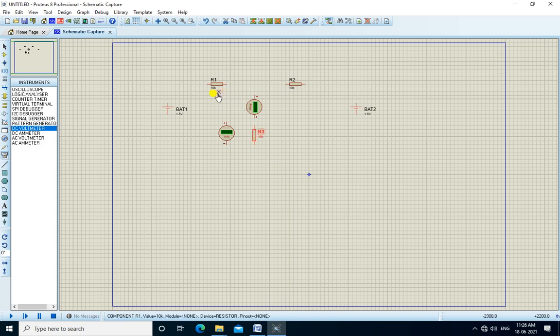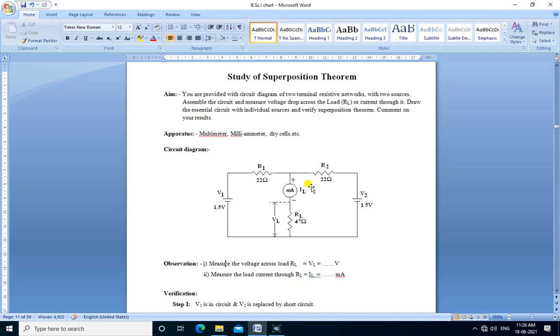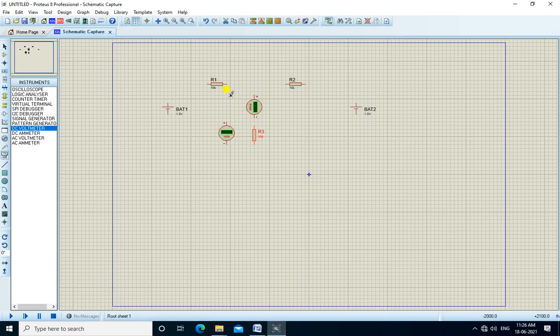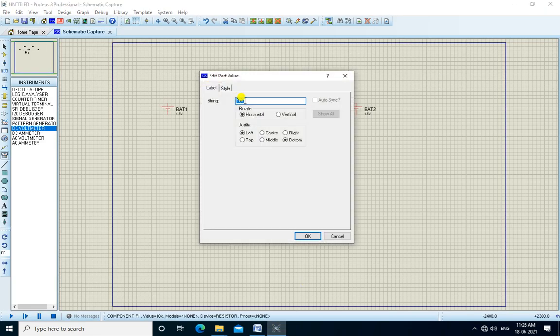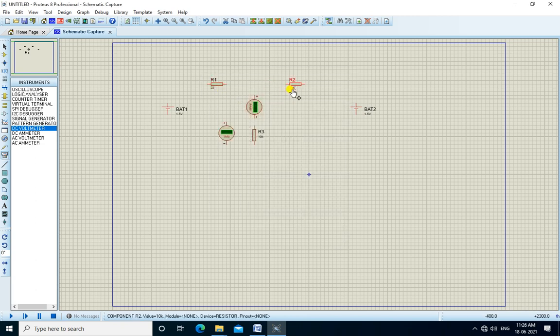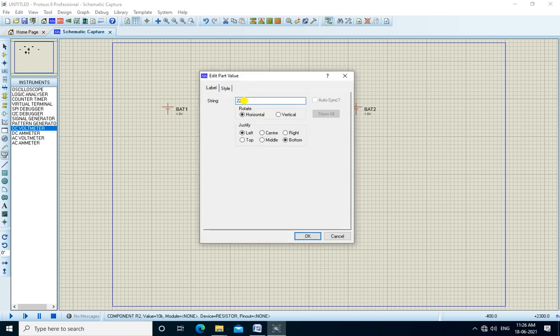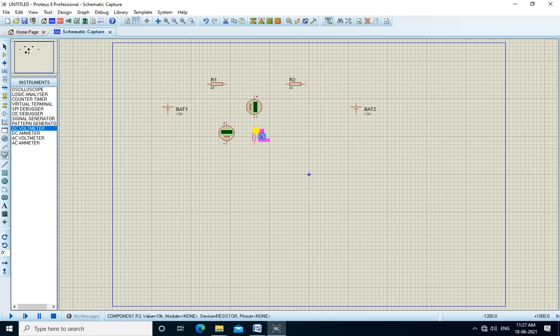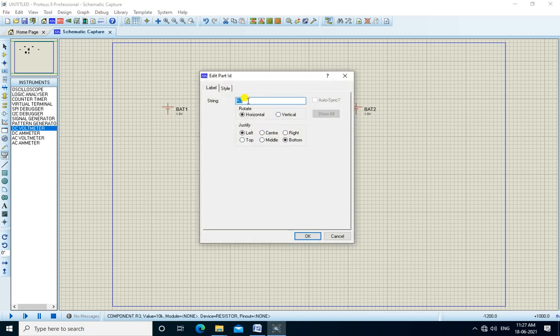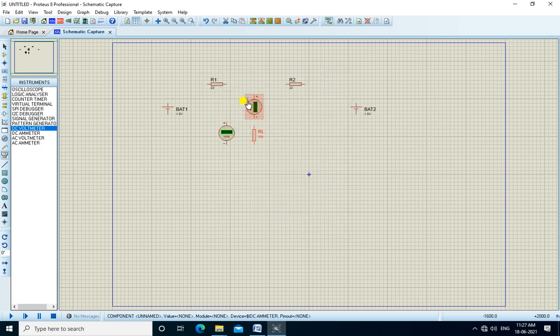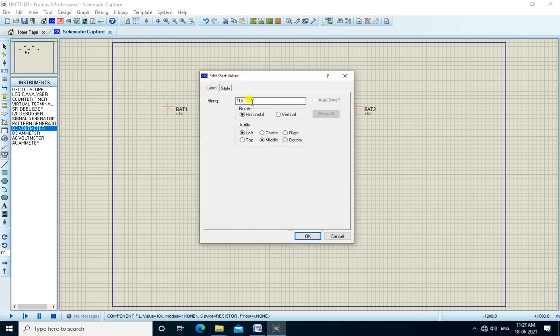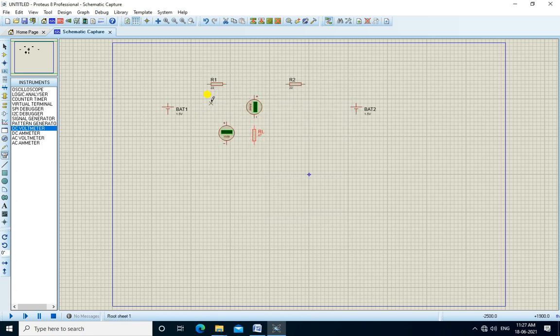Now change the value of R1, R2 and RL. The R1 is of 22 ohm, R2 is 22 ohm and RL is 47 ohm. R1 we change it from 10k to 22 ohm, R2 to 22 ohm, and RL is 47 ohm.